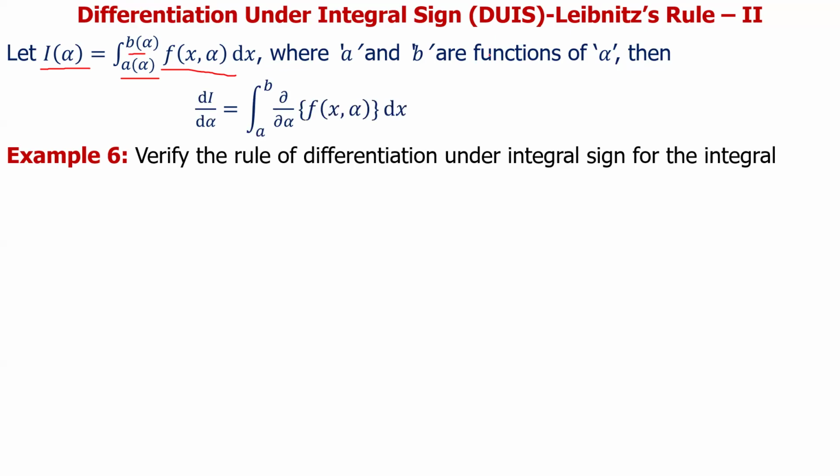then dI by d alpha is equal to the integration of the derivative of f of x, alpha with respect to alpha under the limit a to b with respect to x, plus f of b, alpha, meaning the functional value of f of x, alpha at x equal to the upper limit, into the derivative of b with respect to alpha, minus f of a, alpha, meaning the functional value of f of x, alpha at x equal to the lower limit a, into the derivative of a with respect to alpha.